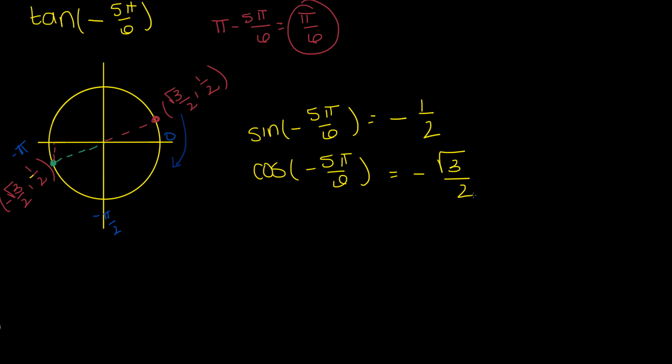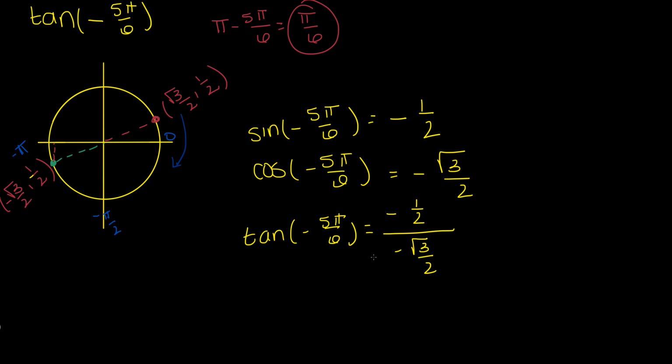All right, so knowing that, I also know that tangent of negative 5 pi over 6 is going to equal sine, negative 1/2, divided by cosine, negative root 3 over 2.